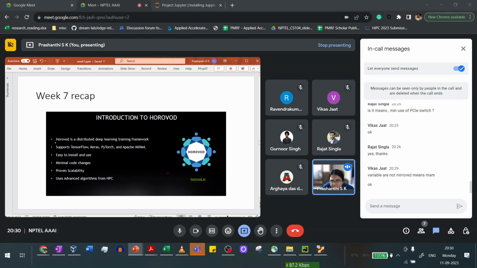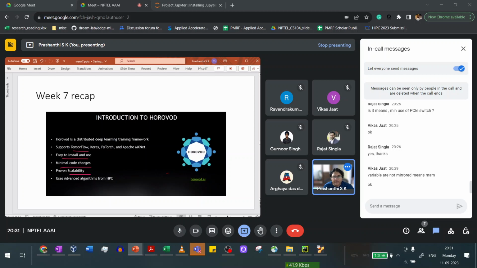Next we will look at Horovod very briefly. It's a distributed deep learning training framework, and supports TensorFlow, Keras, PyTorch. Again, easy to install and use, minimal code changes, proven scalability, uses advanced algorithms from HPC.